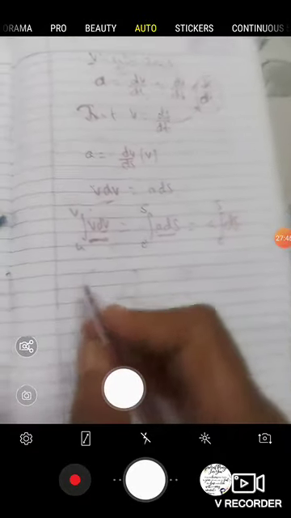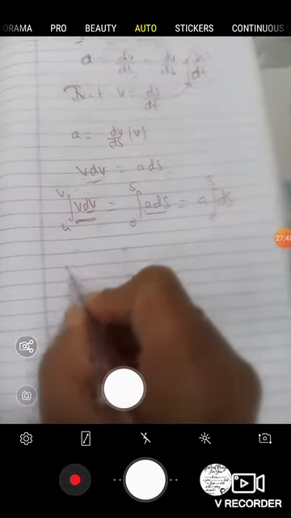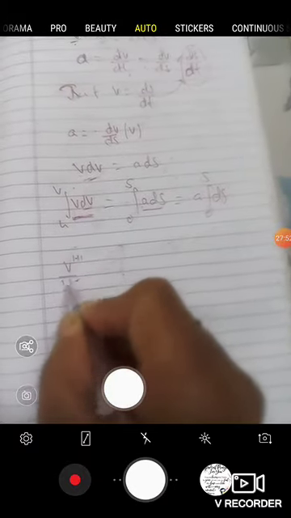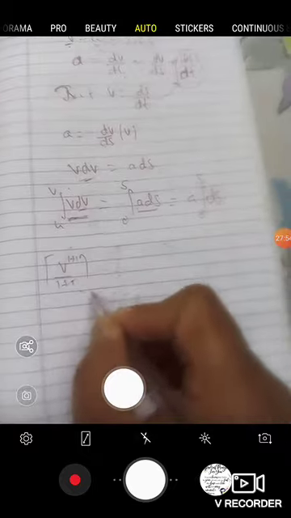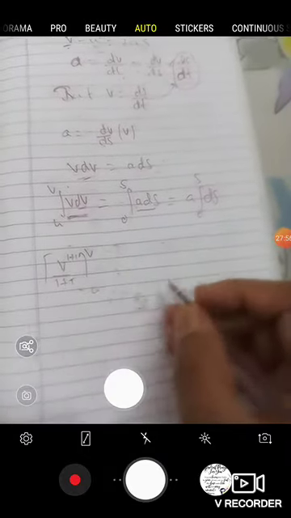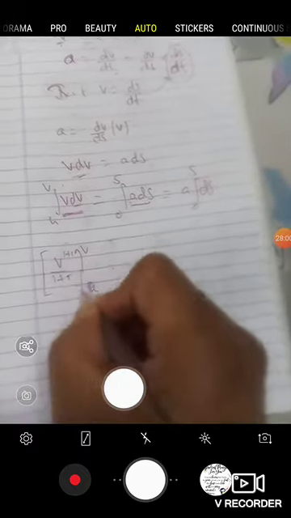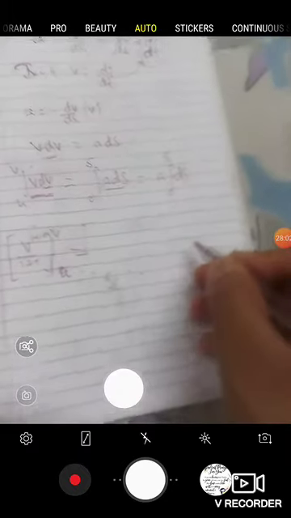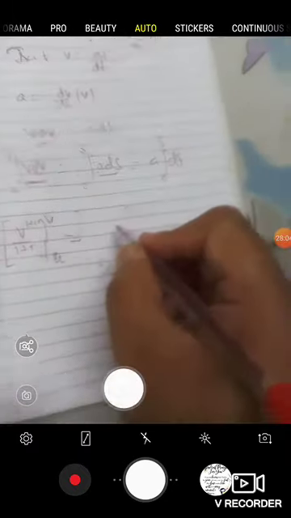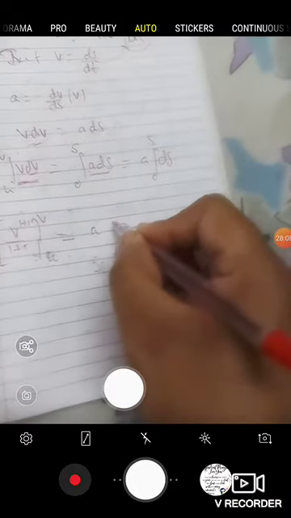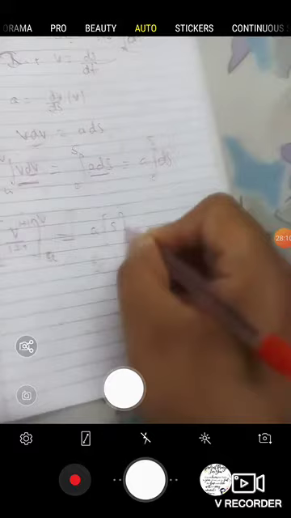So how will I write here? It will be v to the power 1 plus 1 divided by 1 plus 1, limit from u to v. Lower limit will be u and upper limit will be v, is equal to a, integration of this ds will be what? s from 0 to s.